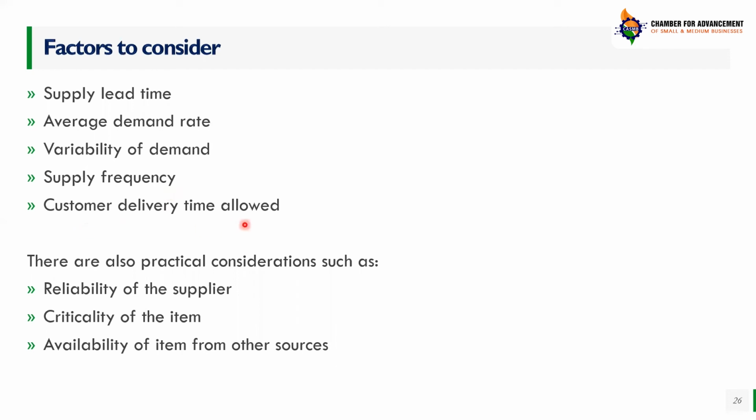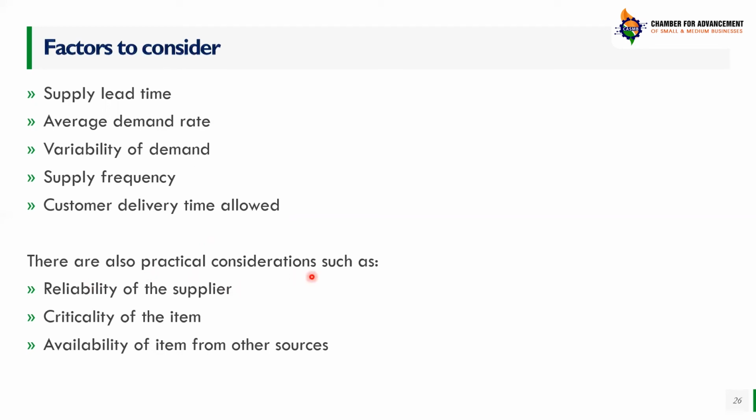Then customer delivery time allowed, like customer places the order and then after how many days you will be delivering that item. Like customer is okay if you deliver the item after 1 week, or customer is okay if you deliver in 15 days, etc. So that delivery time allowed is to be considered while maintaining the stock.